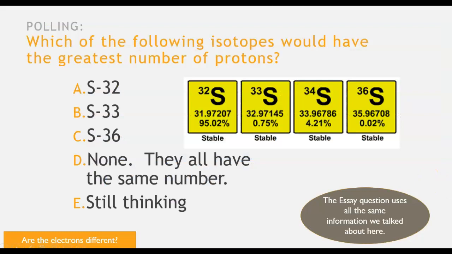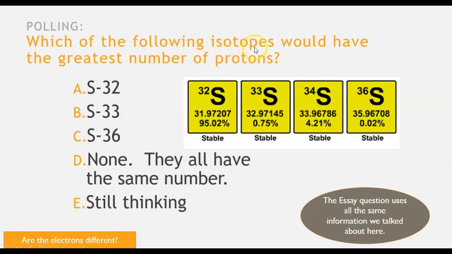Here's a question for you then. Which of the following isotopes would have the greatest number of protons? Is it A, B, C, D, meaning none, they all have the same number, or E, still thinking about it? And this is going to go to that essay question, which we're going to look at in just a second. And then, are the electrons different?